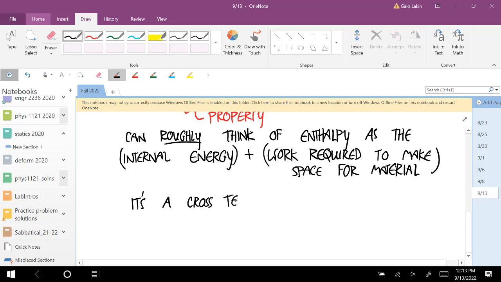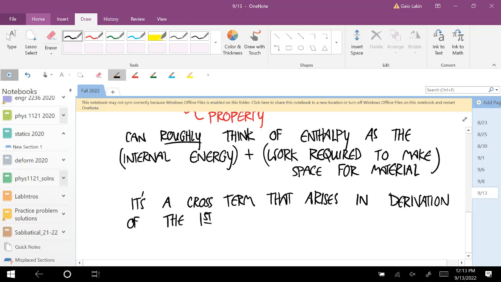It's a cross term that arises in the derivation of the first law for control volumes. And since it comes up a lot, it's easier to just look up one value than to look up 3 values and calculate it.